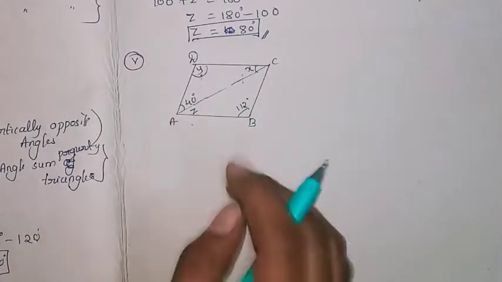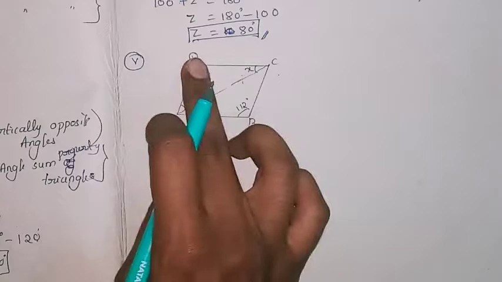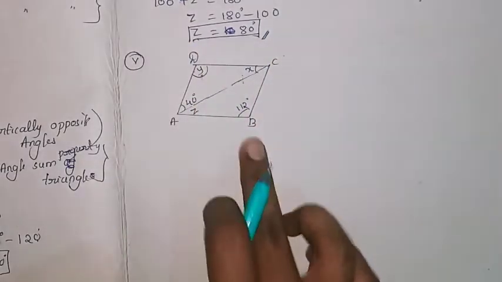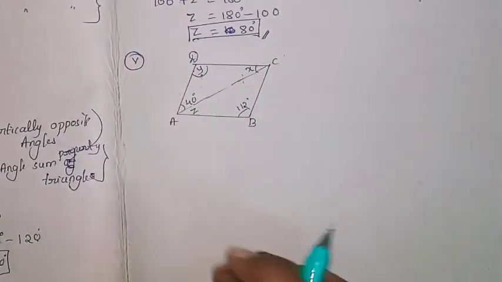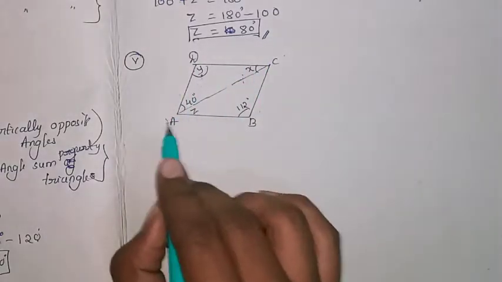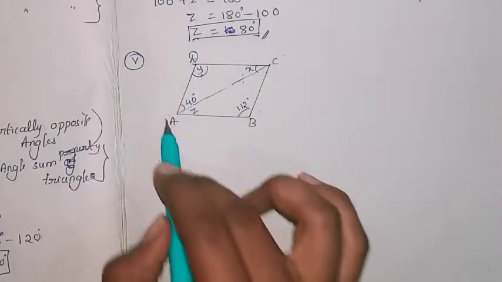You have to go side by side, A, B, C, D, either anticlockwise or clockwise, A, D, C, B. This is how to read the parallelogram. So A, B, C, D, as I have given anticlockwise, parallelogram ABCD.